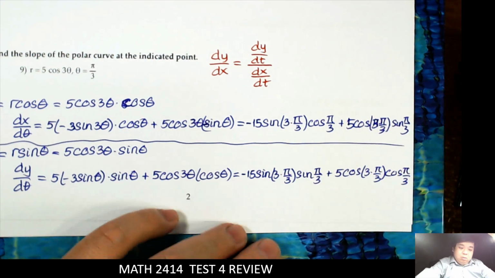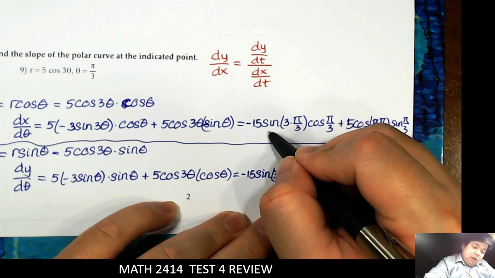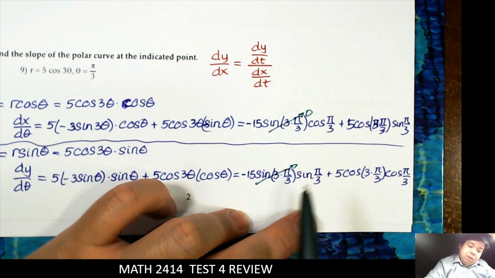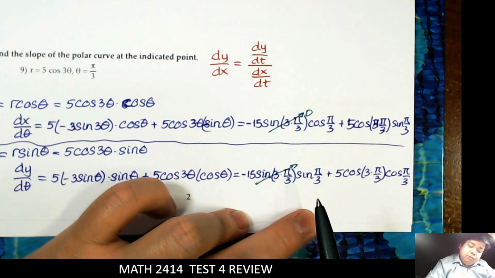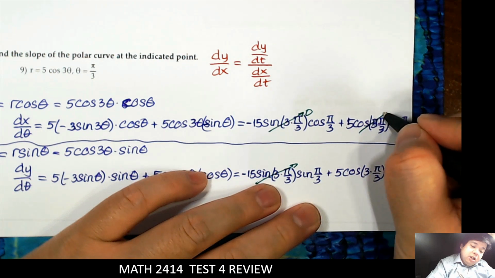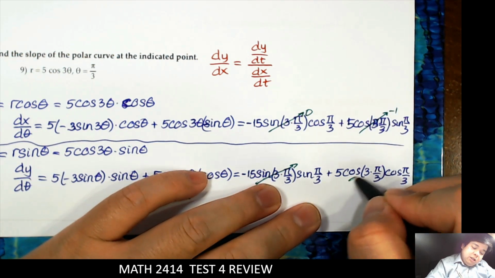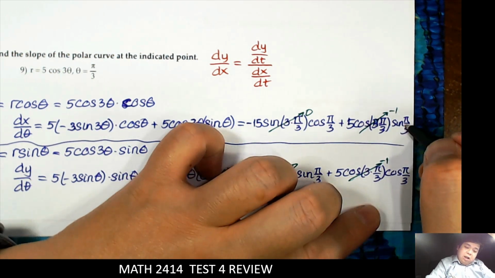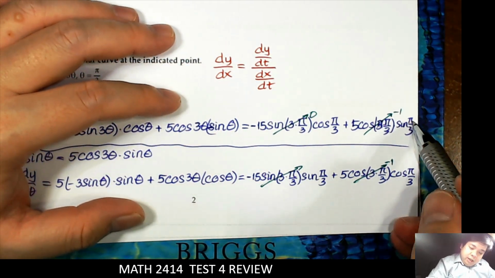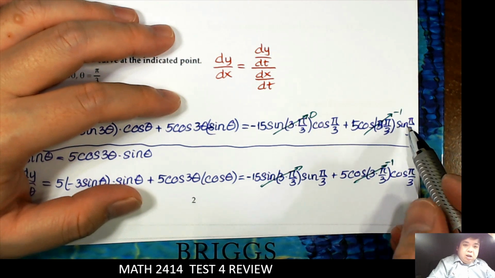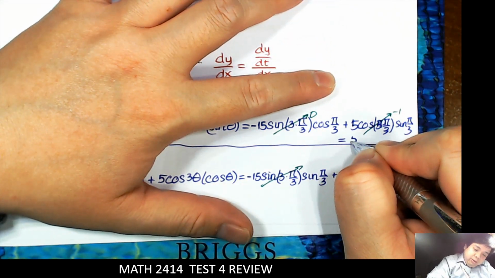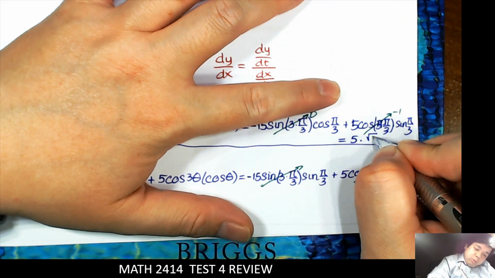I'll just simplify. Sine of pi is 0, so we don't have the first term. Then 5 times cosine of pi, which is negative 1, times sine of pi over 3. Sine of 60 degrees is square root of 3 over 2, so we have 5 times square root of 3 over 2.